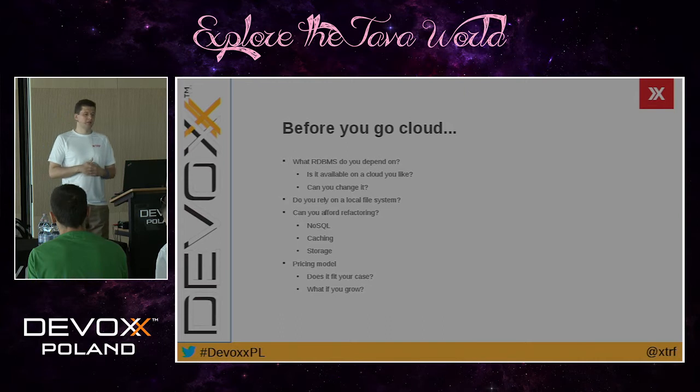Is it there? Most likely you will rely on the local file system. So the question is, how do you actually use this file system? Is it like you just put files and binary content and read it from time to time during every single HTTP request? Or maybe you do something different. In our case, it was very important to understand that our system relies on directories, a very sophisticated directory structure.